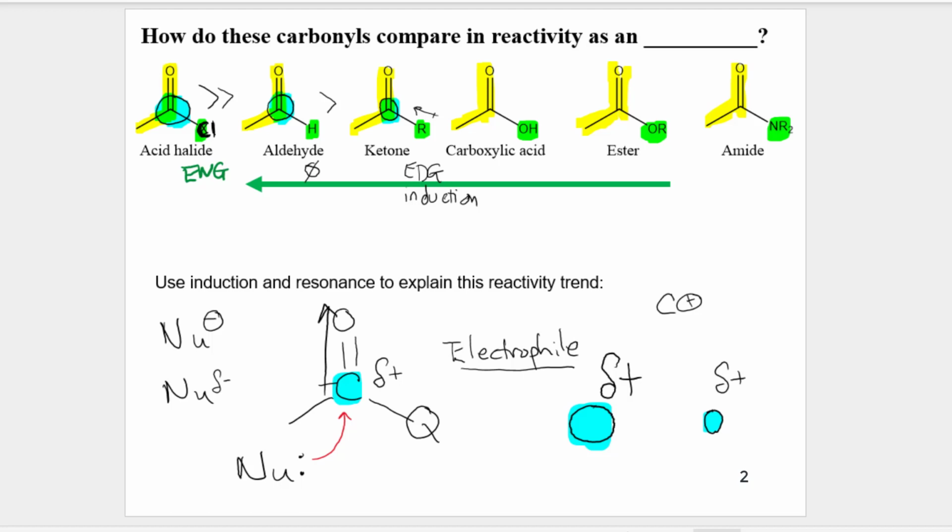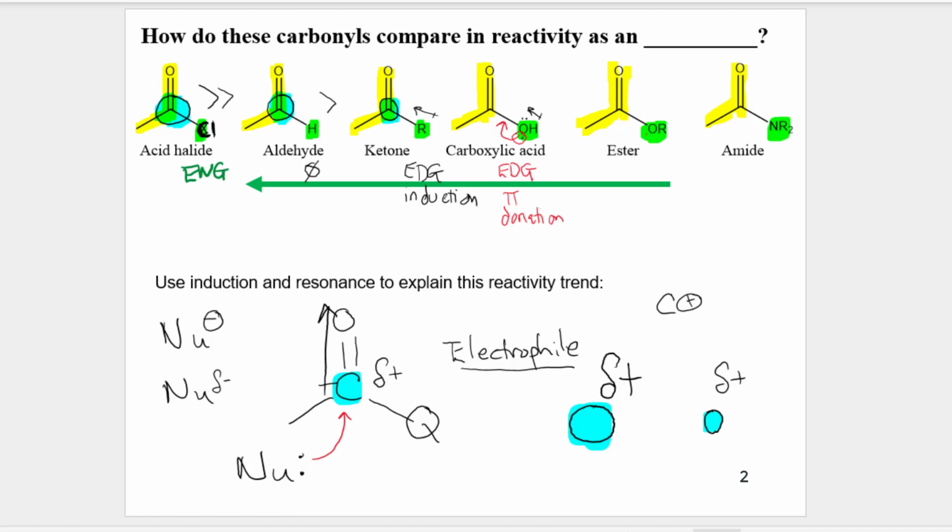And then let's move one more over. Let's look at the carboxylic acid. Well, inductively, the OH group is donating, but even better than donating by induction is donating by resonance. The oxygen has lone pairs, which can pi donate. So you've got an electron donating group with the OH attached to the carbonyl, and this is by pi donation.